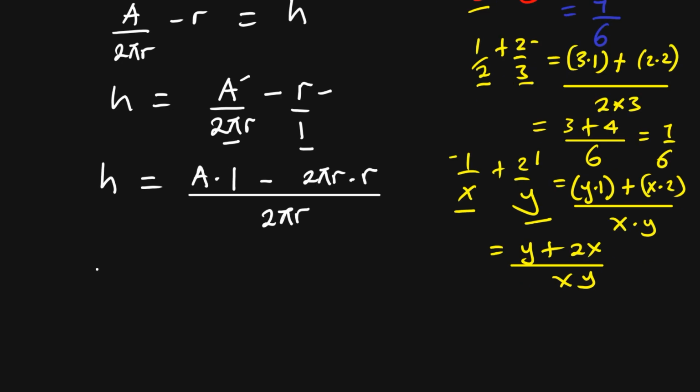And this becomes h equals a times 1, which is the same as a, minus 2 pi r times r, same as 2 pi r squared, all over 2 pi r, thus making h the subject of the formula.